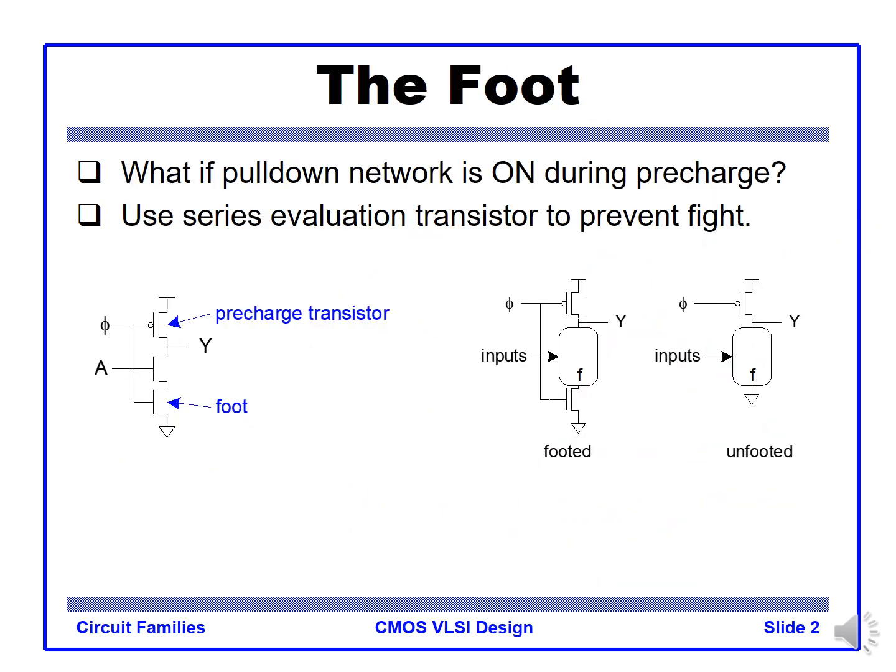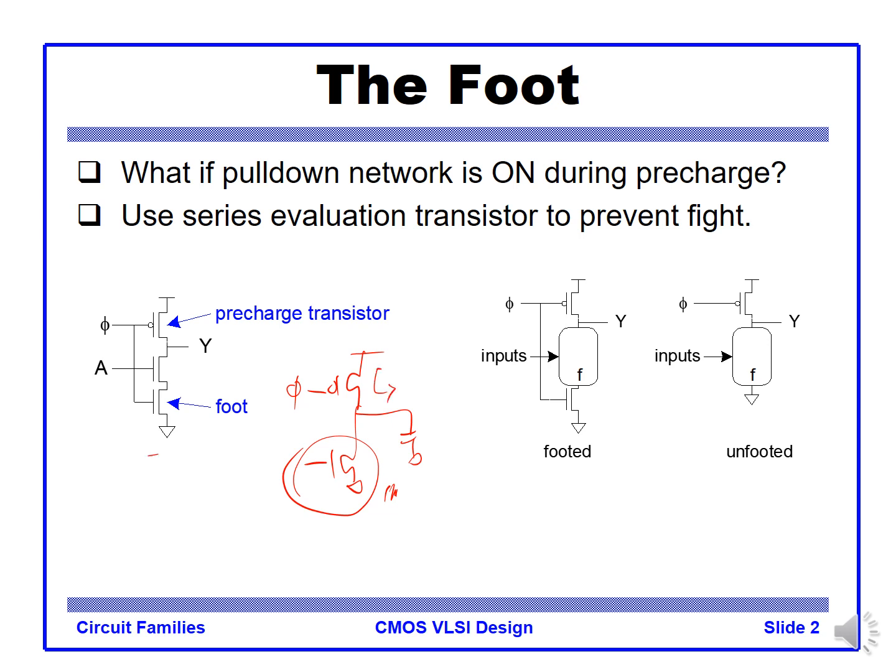In the previous example, we just had this clocked PMOS and NMOS for evaluation. But what happens when the pre-charge happens, if the pull-down network is on? Then the pre-charging would not be properly done.